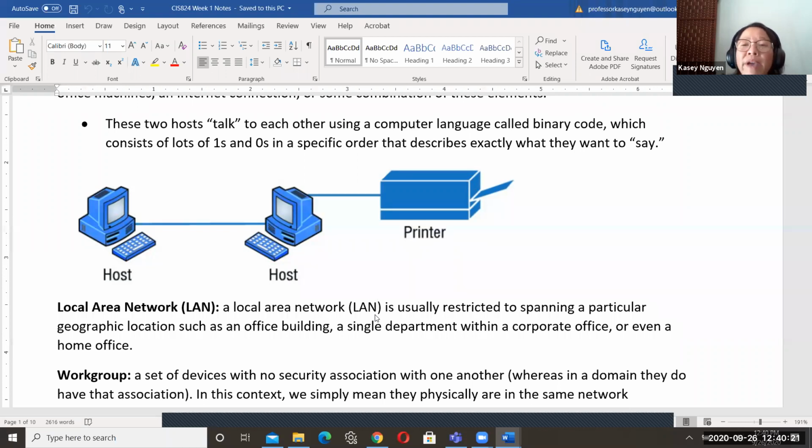So a local area network in general is just a way that we would describe a network that's tied to that one physical location or that's entirely owned by that organization. So usually you would see that that business would own that local area network.